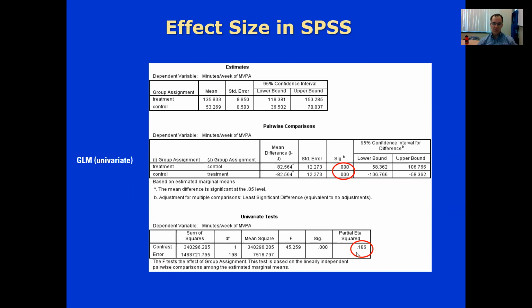The difference is it provides more information regarding the eta squared value. So it allows a little bit more interpretation. That's the advantage of using the GLM. And we're going to watch a quick video of how this was obtained.